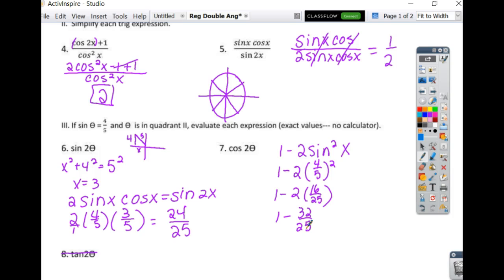So I need common denominators, right? So I want 25 over 25. And somebody subtract for me. What is it? Negative 7 over 25.